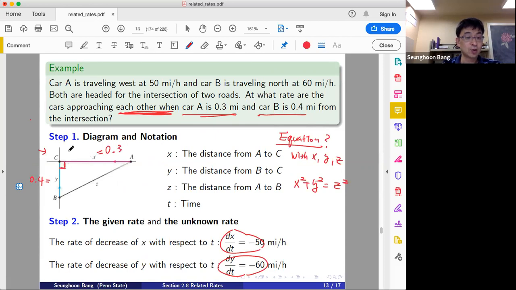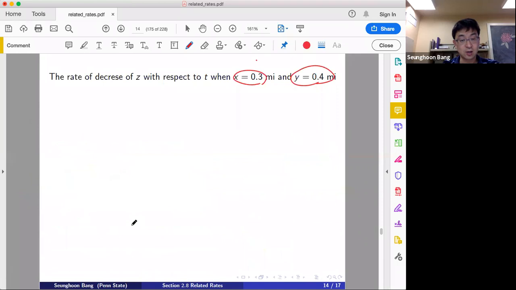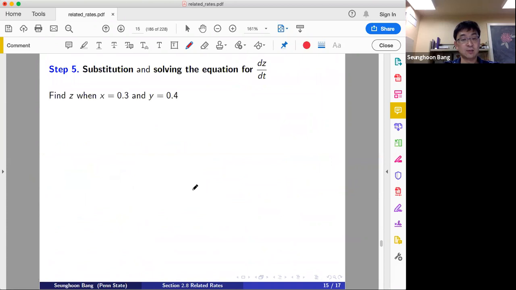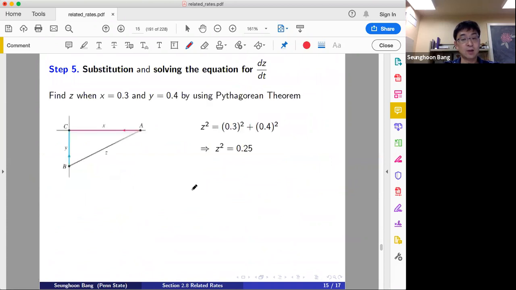You can use the special ratio 3, 4, 5: 0.3, 0.4, 0.5. So z equals 0.5, using the right triangle. This is 0.5, and we solve for dg of dt. This is the Pythagorean theorem. Next, you can plug in.